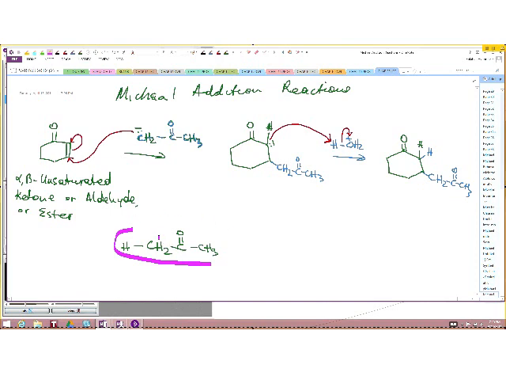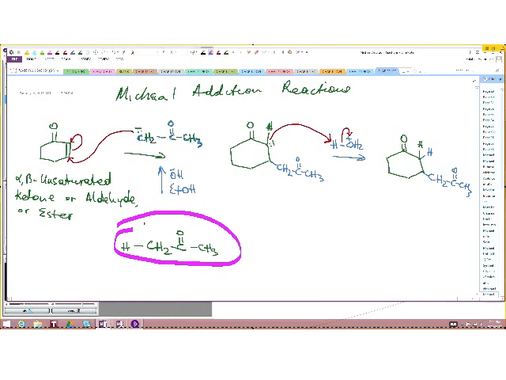That is in essence what we've done. This part of the molecule goes to here, and this hydrogen goes to the alpha carbon. That is the essence of what we've done, and that is why we call this Michael addition, because we get from here to here by simply adding hydroxide in the presence of ethanol. Okay, so that would be your typical Michael addition reaction.